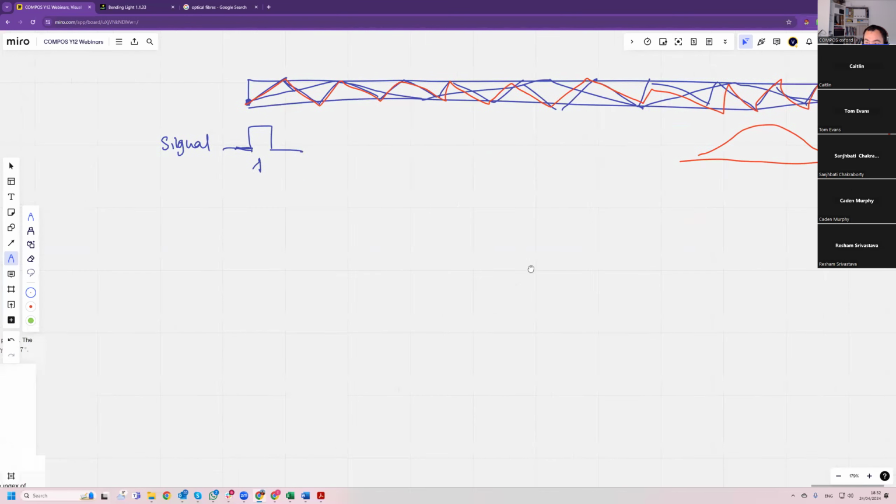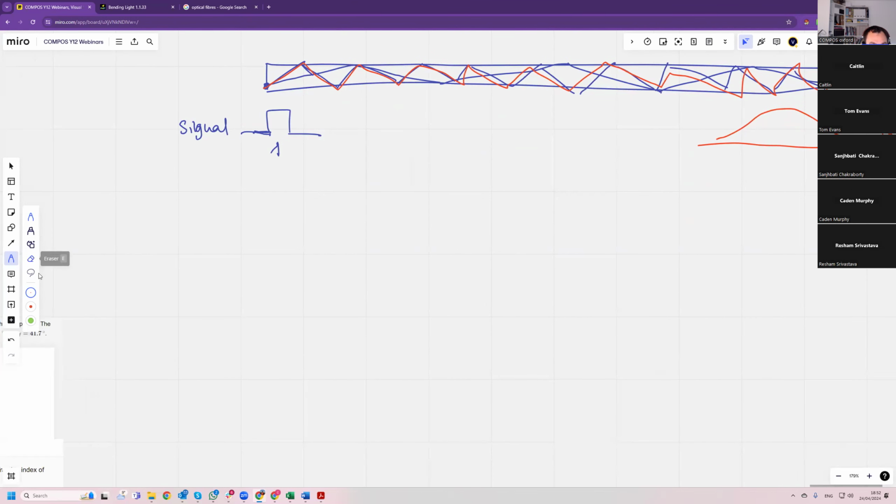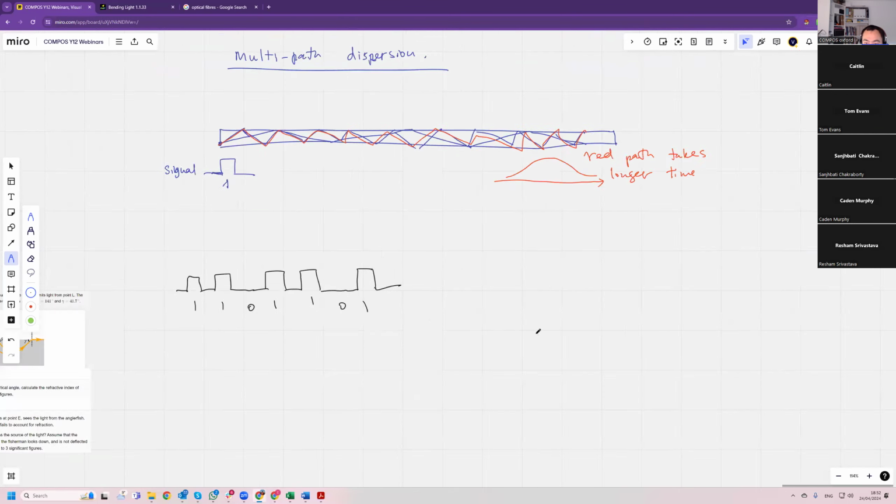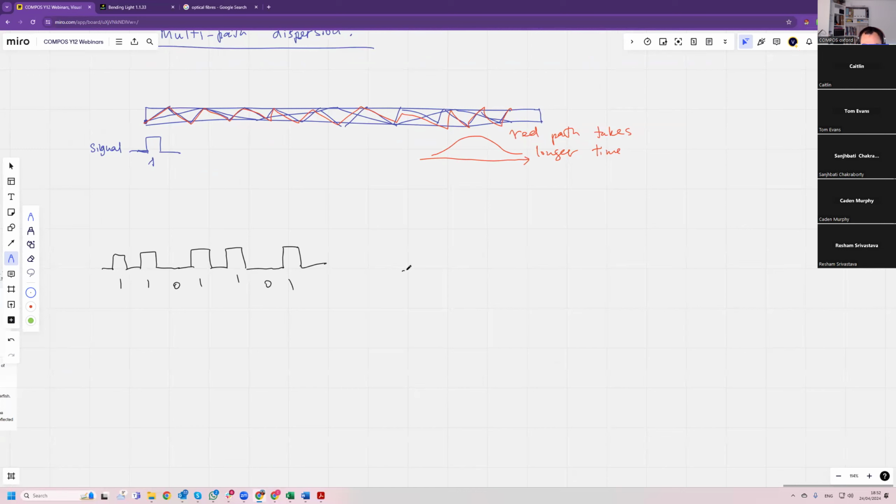And if you have a sequence of 1s and 0s, so for example, if you want to send a signal like 1 1 0 1 1 0 1, by the time it reaches the other end, it will look more like 0 1 0 1.